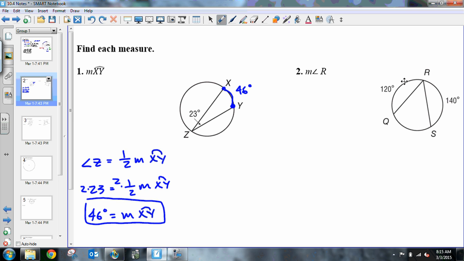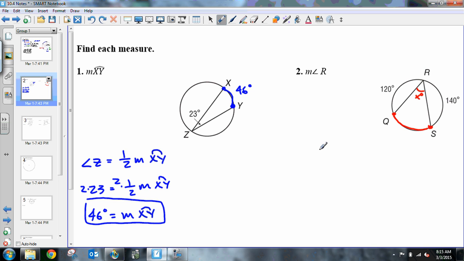Okay, now we want to go the opposite way, and we want to find the measure of angle R. Let me change the colors. So I'm going to put this as x degrees. I don't know what that is, and I know it's half the length of this arc measure here.